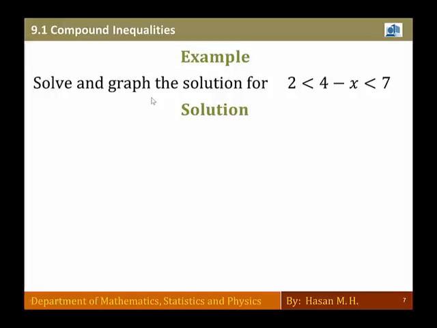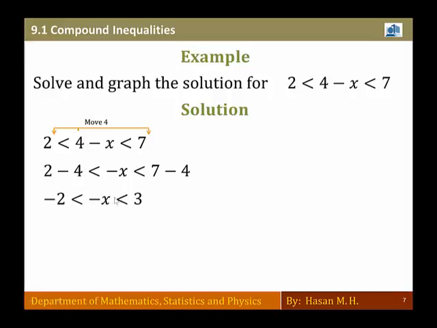Example: solve and graph the solution for 4 minus x greater than 2 and less than 7. To solve it, move the 4 to the other side of the symbols. We will have -x greater than 2 minus 4 and less than 7 minus 4, which equals -x greater than -2 and less than 3.